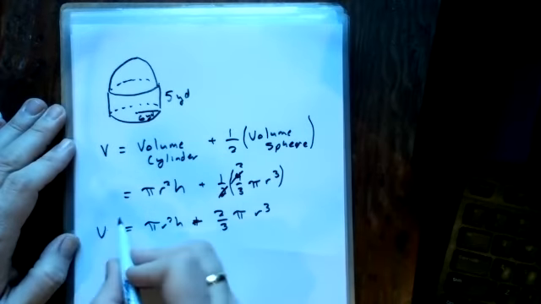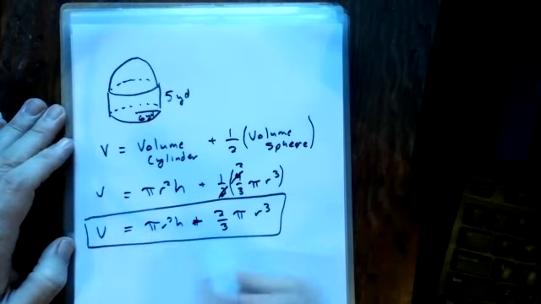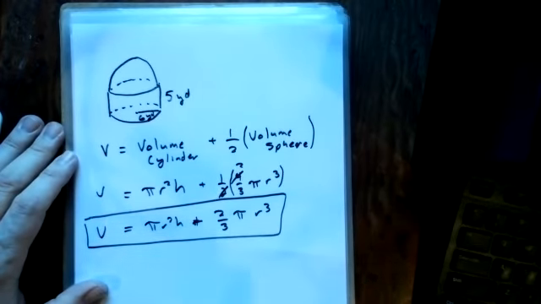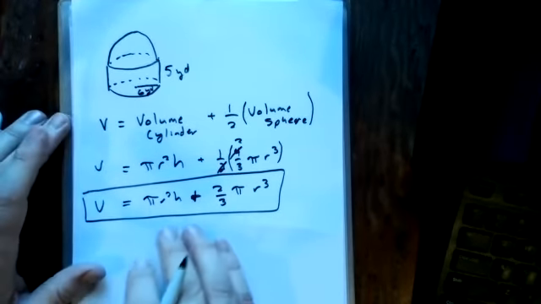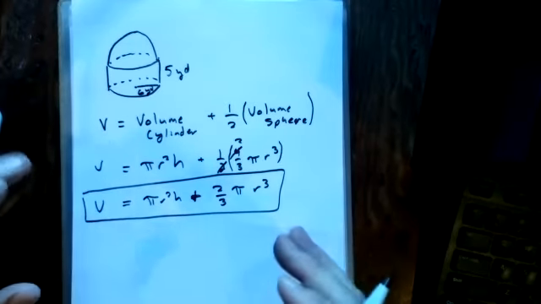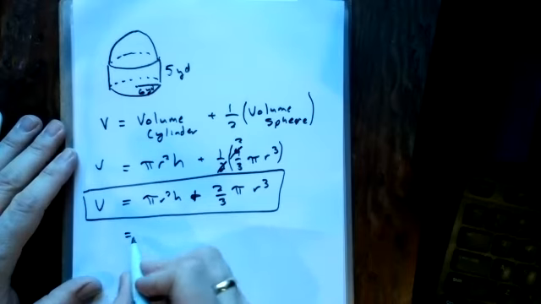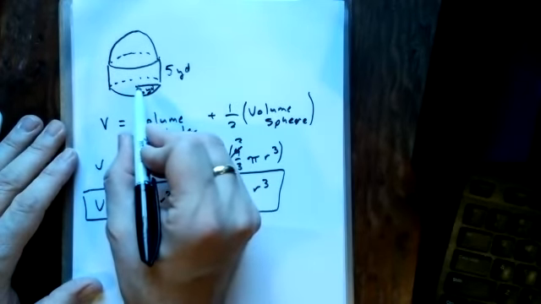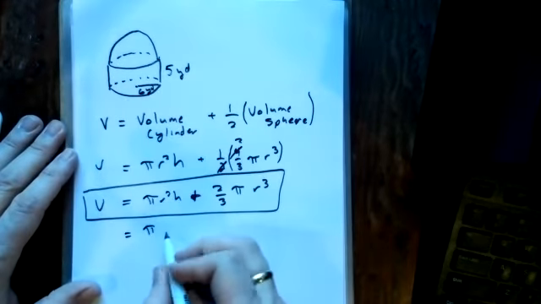So this is going to be what our volume is. If it helps, we're probably going to come back and revisit this a couple times, so this might be a formula worth noting. But again, once you plug in the numbers, your order of operations takes over. So this would be pi, my radius is just the distance from the center to the outside of our silo.